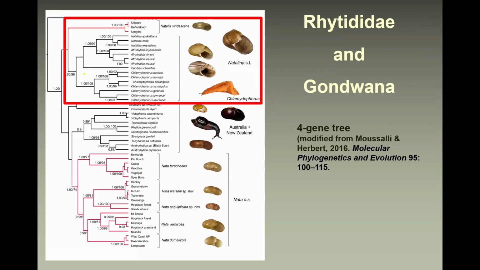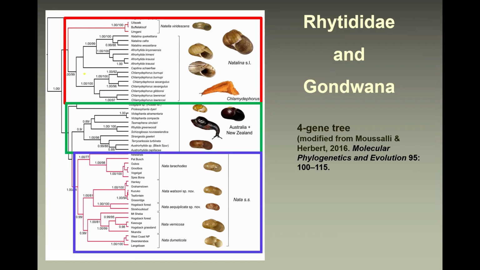So here we have the one cluster, Natalina sensu lato and Chlamydophorus. Here we have the Australian ones, and here we have Nata, with strong support for key nodes here. But another point to look at here is that for these deepest nodes, we have low levels of support.